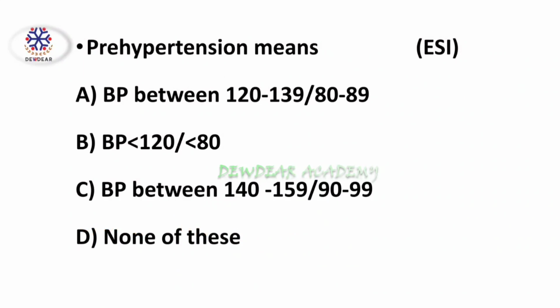Pre-hypertension means, options: BP between 120 to 139 by 80 to 89, BP less than 120 by less than 80, BP between 140 to 159 by 90 to 99, none of these. Here the right answer is BP between 120 to 139 by 80 to 89.